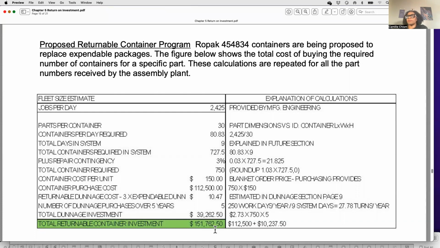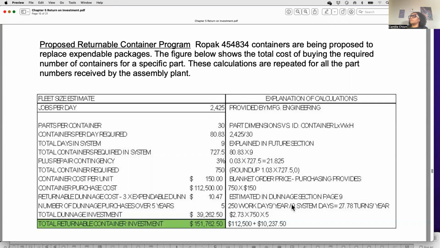That is going to come out to $151,762.50. That is going to be the cost of your returnable packaging for this program that you're proposing. So again, that's basically 1 of these, 5 of these, and then multiply that by your usage that you calculated before.